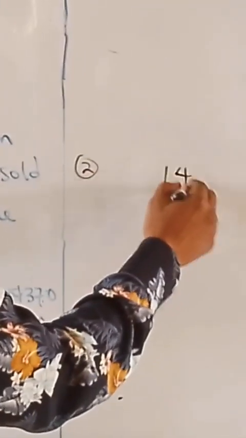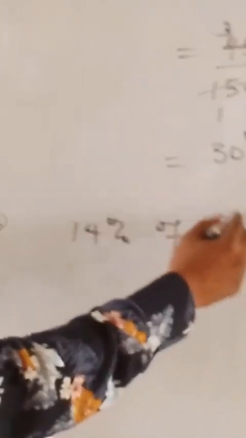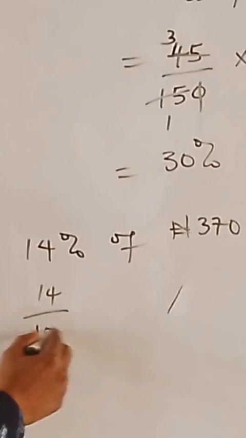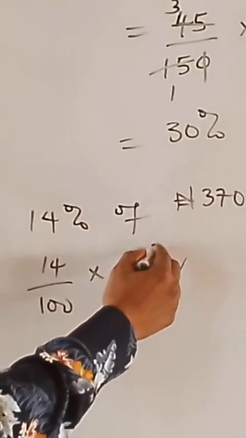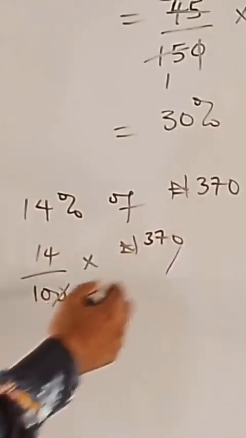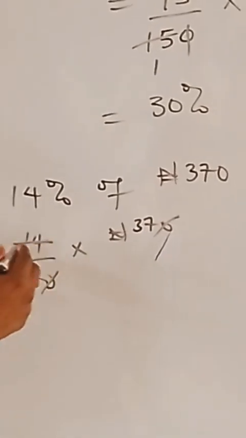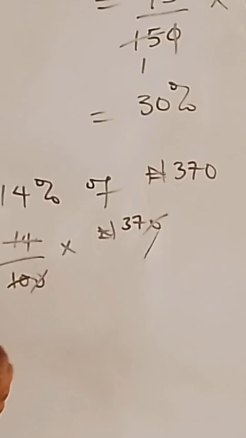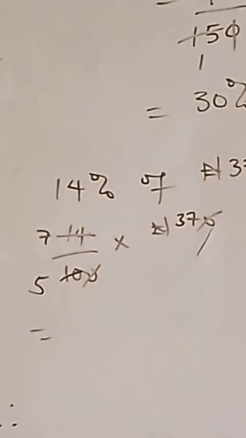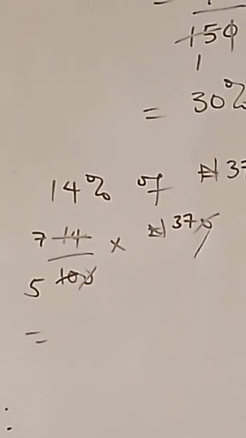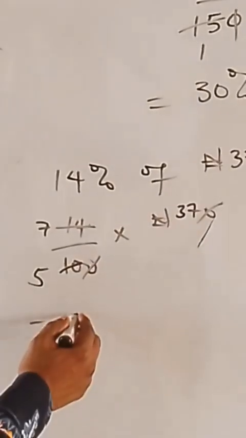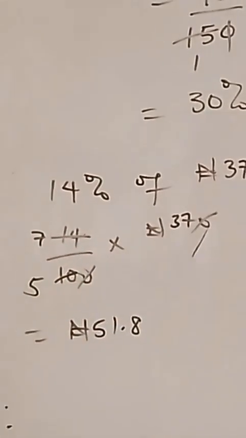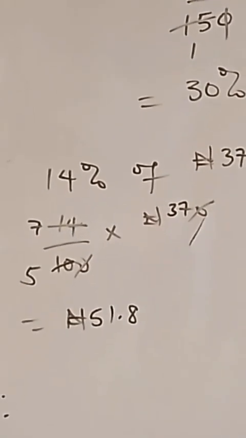So we are going to have 14% of 370 naira, and we are going to have 14 over 100 times 370. 10 will eliminate 10 here, 2 here 7, 2 here 5. And by the time we multiply this, we are going to have 51 naira 8 kobo.